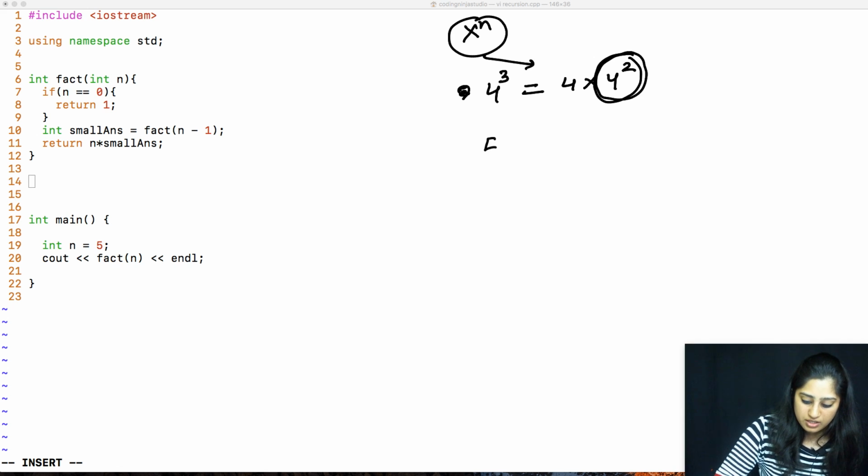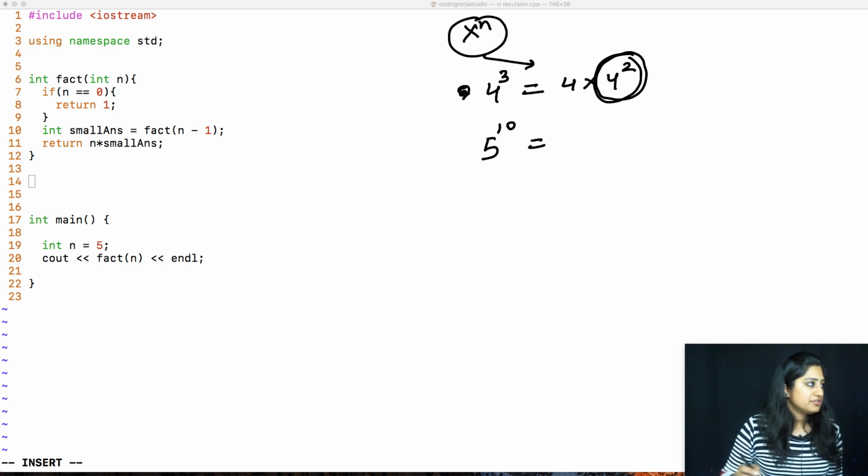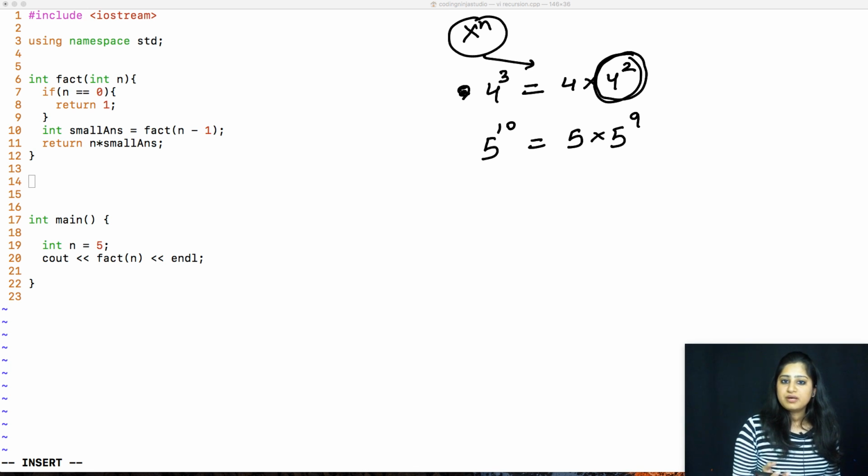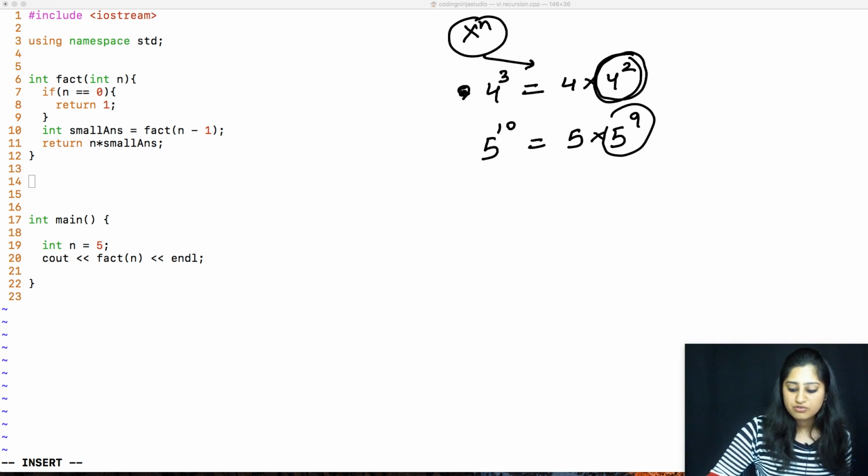Similarly, if I have to calculate, let's say, 5 to the power 10, I can write it as 5 cross 5 to the power 9. So if I have the answer of 5 to the power 9, I should be able to calculate the answer of 5 to the power 10 as well.